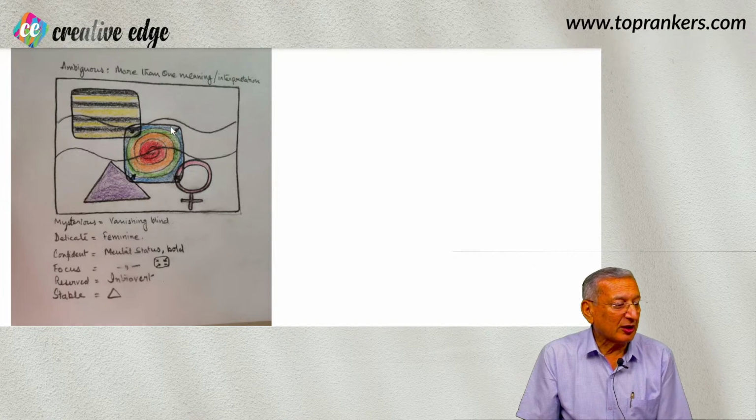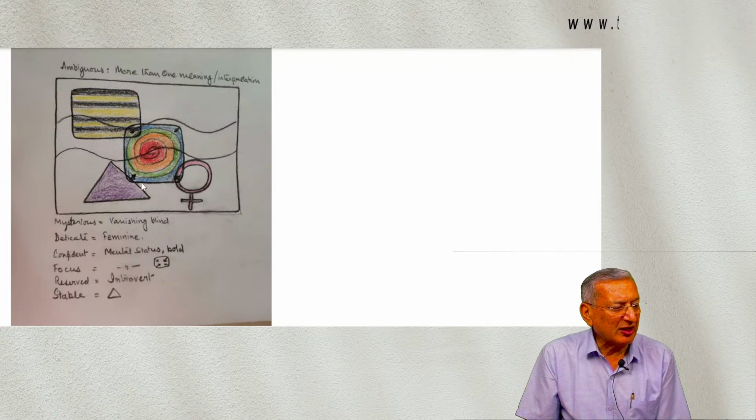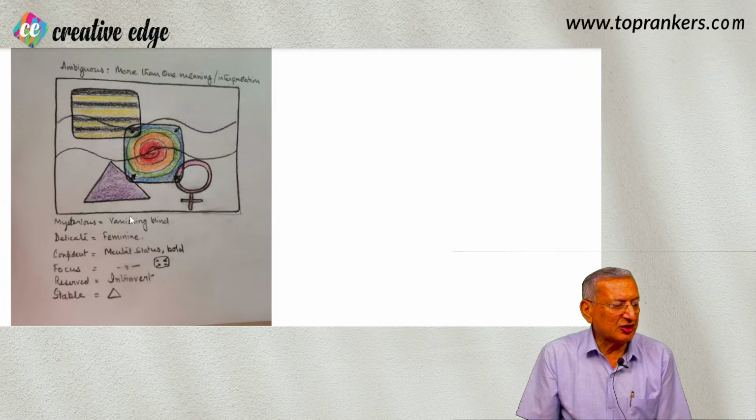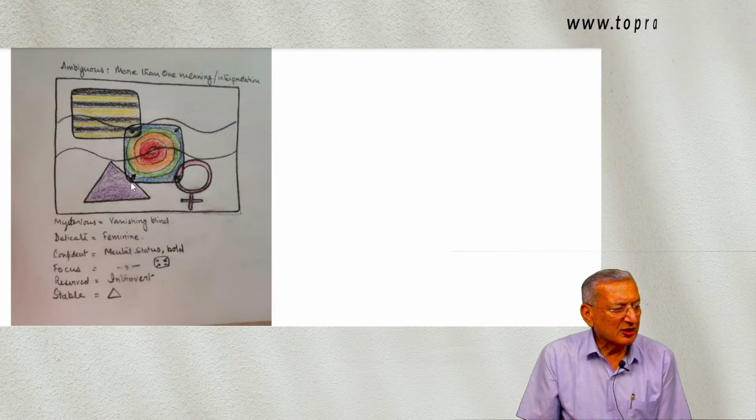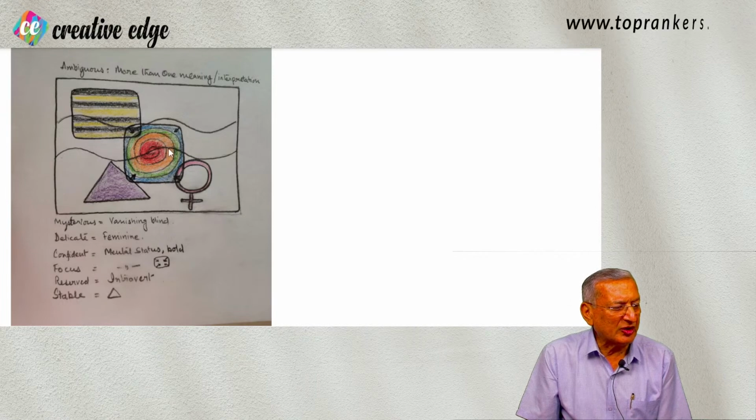Boldness is two-way, with the square here and with the triangle here. Triangle is more stable. I have made it here also. And reserved. She looked reserved, didn't she? So introvert. How do you say introvert and focused? Is this, these four arrows on this side.